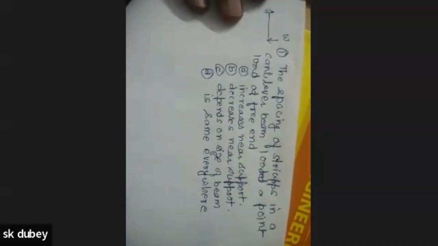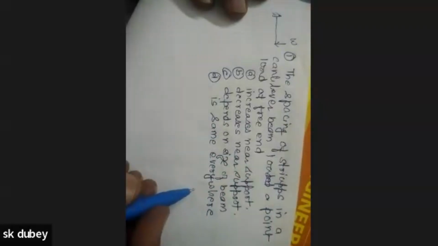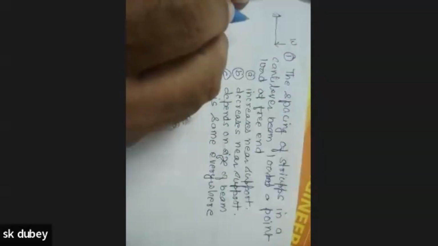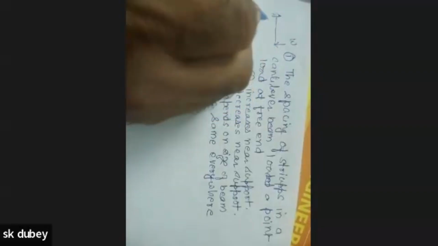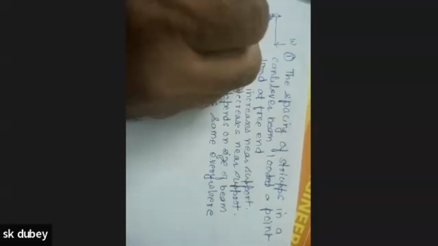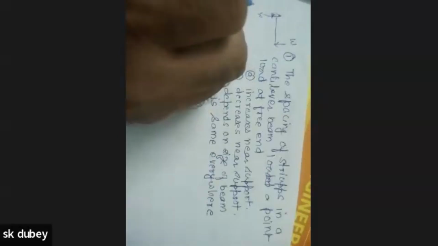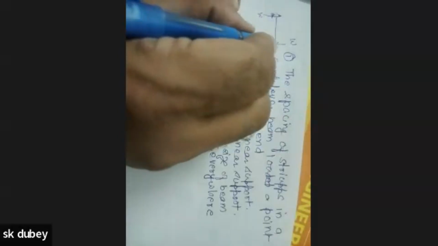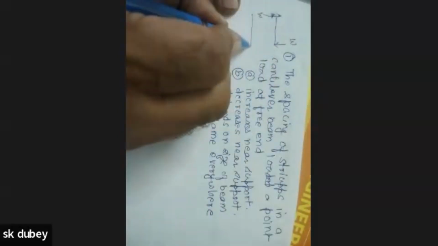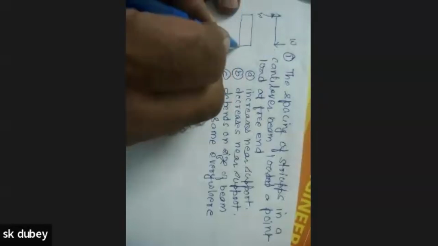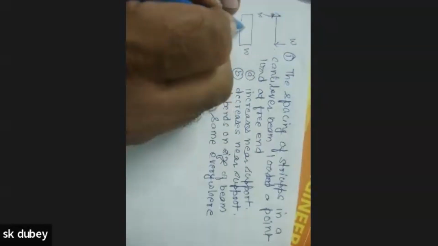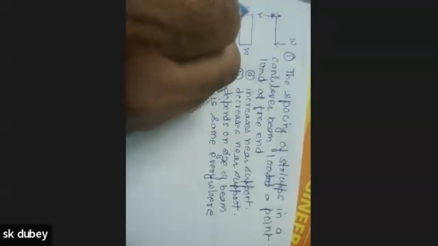Okay. Now let us try to simplify and then find the answer. It is a cantilever beam. Here load is W, so the reaction will also be W. Left down, right up. So the shear force diagram is something like that. W throughout the same.